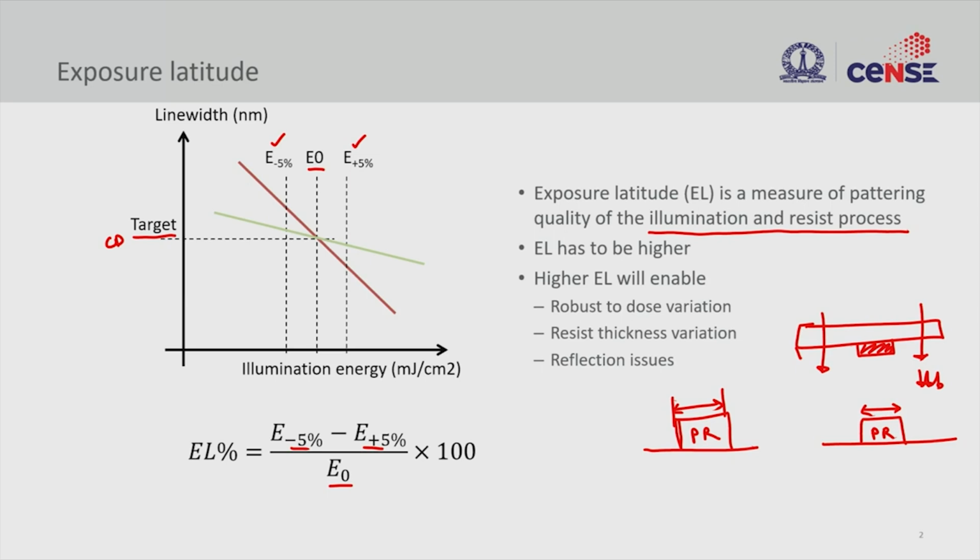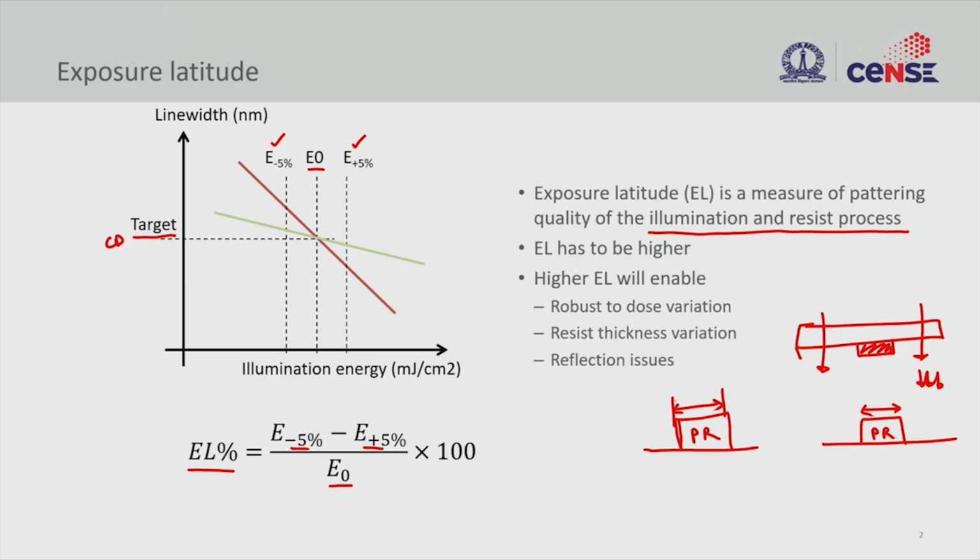If the wafer is not flat, if your focus is not proper, you will also see some change in the energy that reaches the surface. So, you want to understand how my critical dimension is going to change if there is a change in the exposure dose, and this can be characterized by exposure latitude percentage. That is, a change in the exposure dose and how much change I get in the critical dimension.